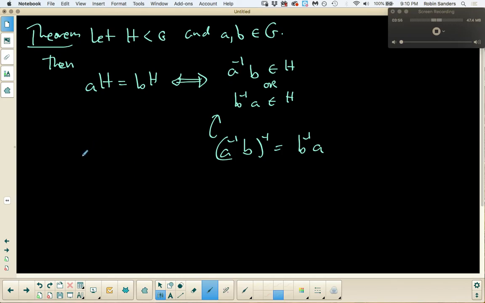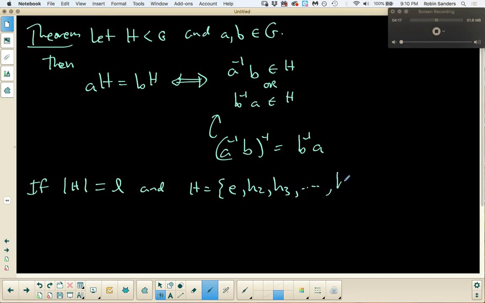Now, this basically means that if we have a finite situation, so if my subgroup H happens to have L elements, we can write H as e, which will be my first element, h2 the second one, h3 the third one, and hL the last one.